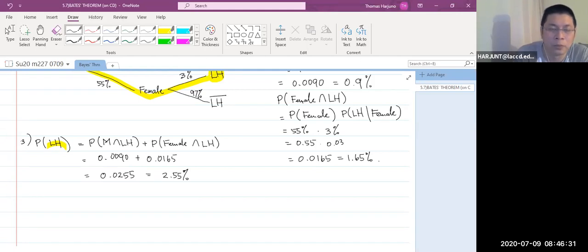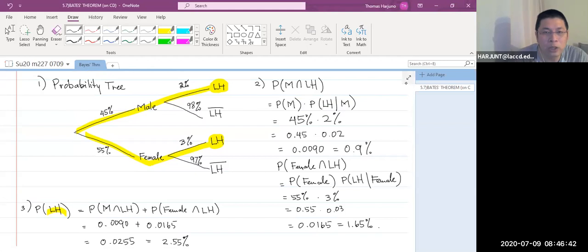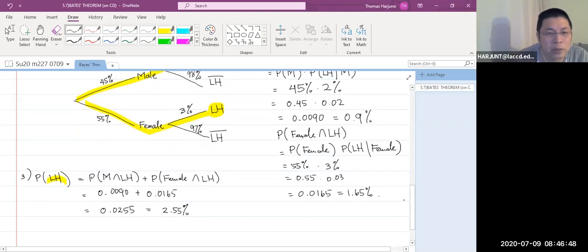But from here again, the numbers I use here are hypothetical. It seems like we have 2% and 3% left-hand for male and female. But once we mix them together in a pool, in total it's actually 2.55% having left hand. You will see this phenomenon that the minimum percentage is 2% and the other one is 3%, so when you mix it, it's supposed to be somewhere in between.